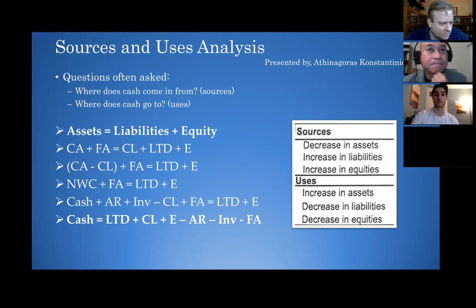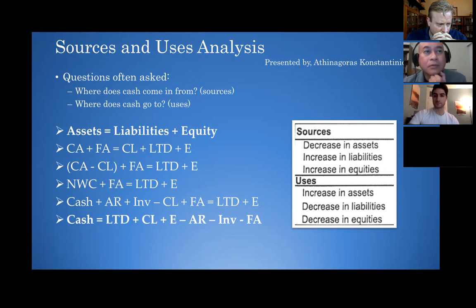That is important because we often ask, where does cash come from? So the sources. And where does it go to? So the uses of cash. We're really talking in balance sheet terms about the fluctuations of the cash and cash equivalents account.